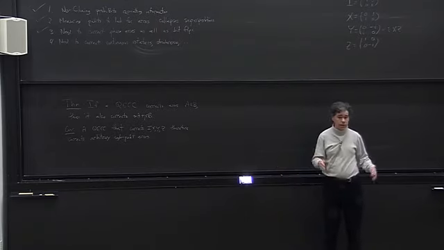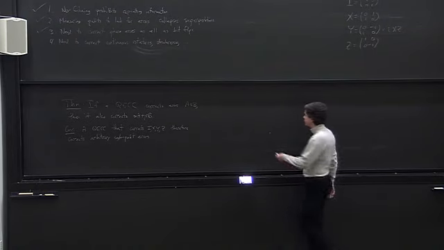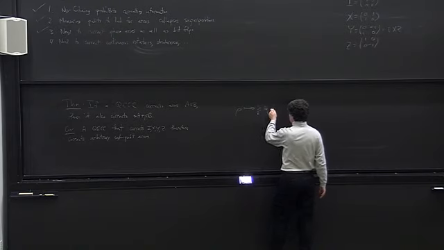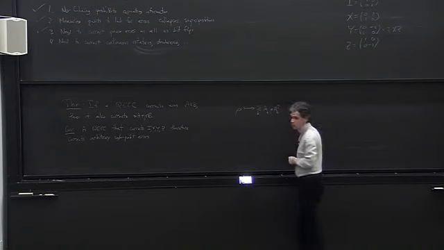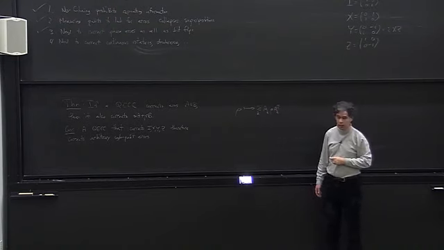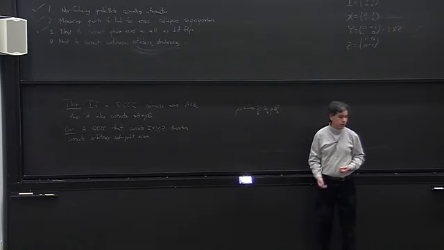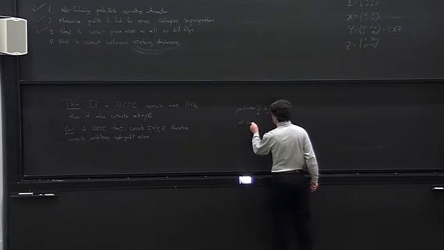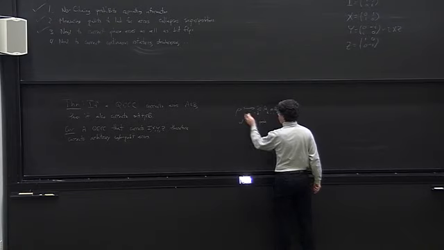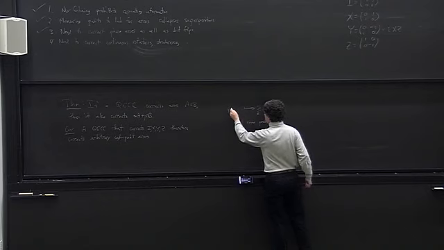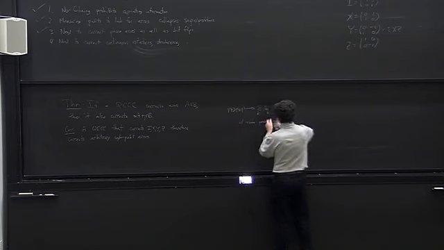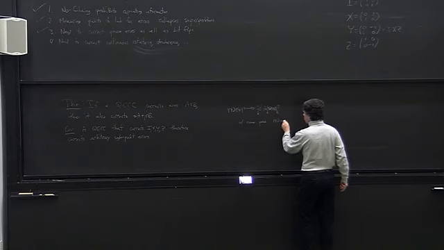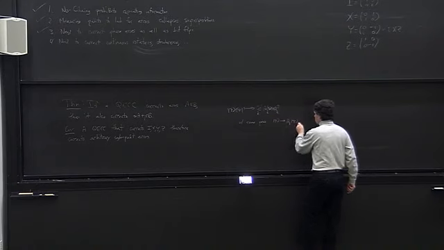Now what happens if we have some decohering error, some arbitrary CP map? That's the most general thing that can happen to a single qubit. So rho goes to the sum over k of A_k rho A_k dagger. Now the A_k are also 2 by 2 matrices. So suppose rho here is a pure state, psi. You can think of this as, with some probability, psi goes to A_k psi.